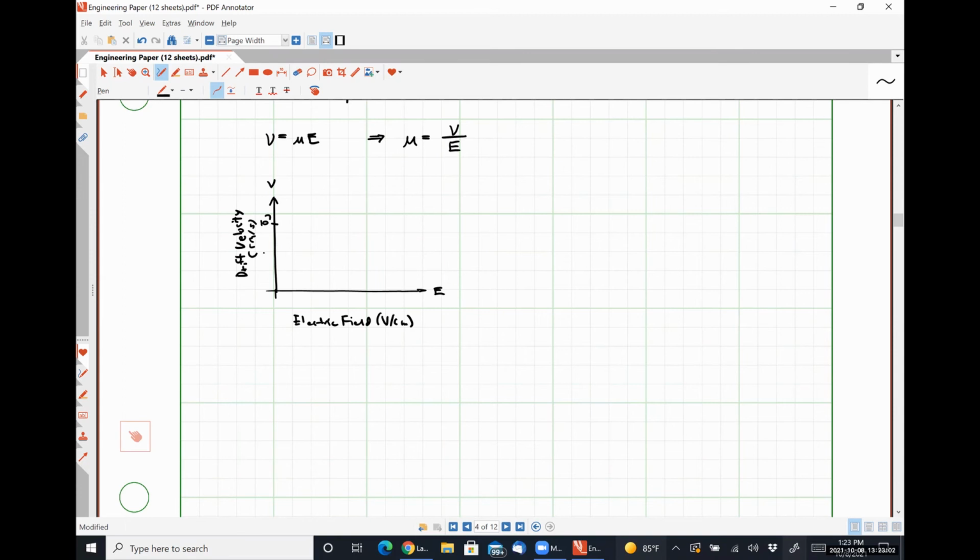So this axis is 10 to the 7, 10 to the 6, down here will be 10 to the 5, and then 10 to the 2, 10 to the 3, 10 to the 4, 10 to the 5, and so forth. For electrons, we see something like this.